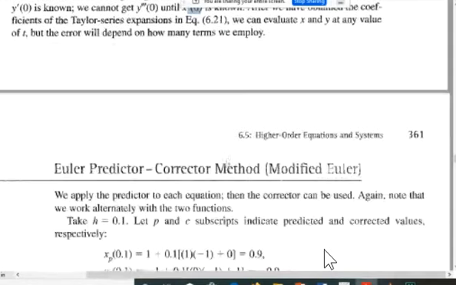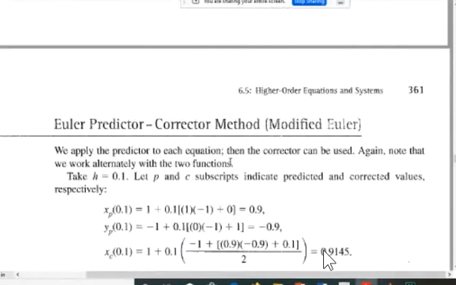We can use a multiple step approach or a kind of predictor corrector method, which is here you can see the modified Euler approach.